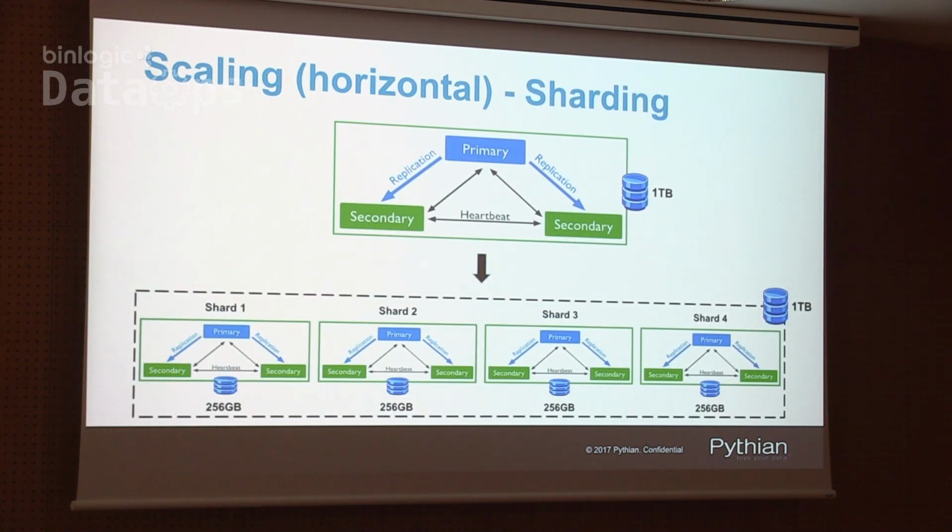The horizontal scaling, on the other hand: you have your data on a server, it's 1 terabyte. Ideally, what you would like to do is split the data across multiple shards, so that now you don't have to scale vertically and buy larger instances, but on smaller instances, you will have a smaller data set, and your working set will fit into RAM on these machines.